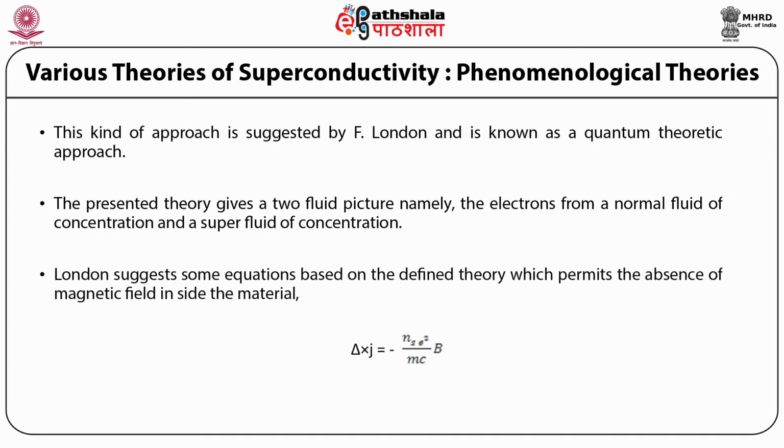London suggests some equations based on the defined theory which permit the absence of magnetic field inside the material. The equation is del cross J is equal to minus ns e squared by mc into B.